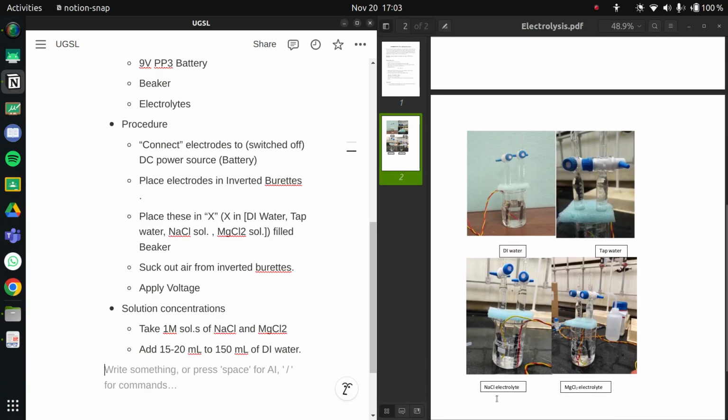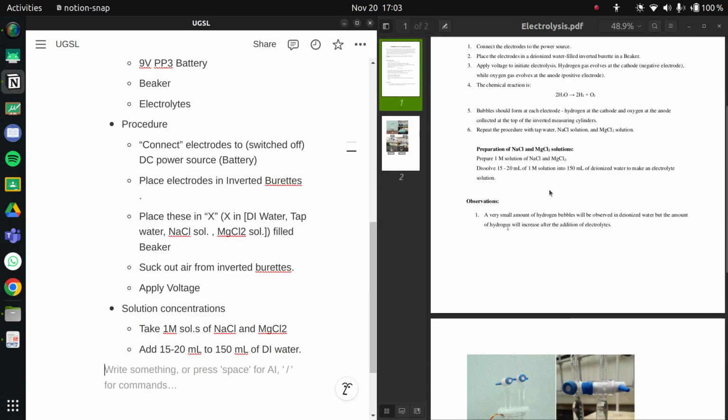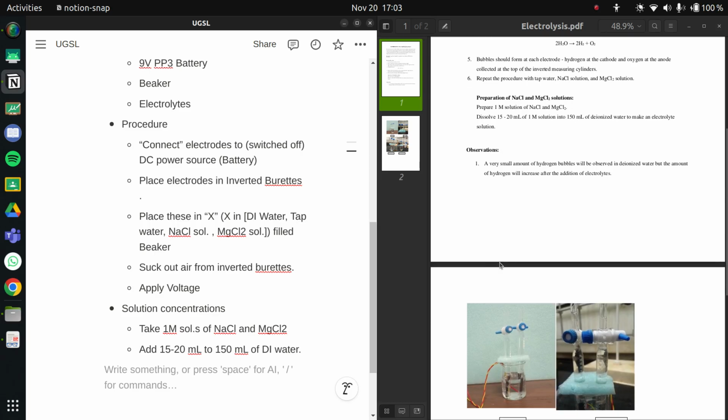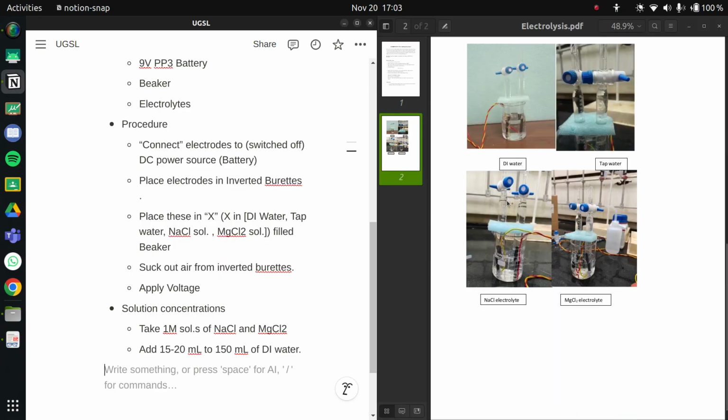This observation is kind of stupid because it's obvious at this point. Small amount of hydrogen bubbles, but amount of hydrogen will increase after the addition of electrolytes. Very cool. I'm just gonna write that in any case. Observations.